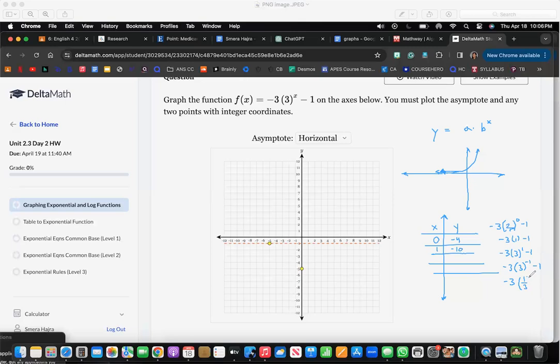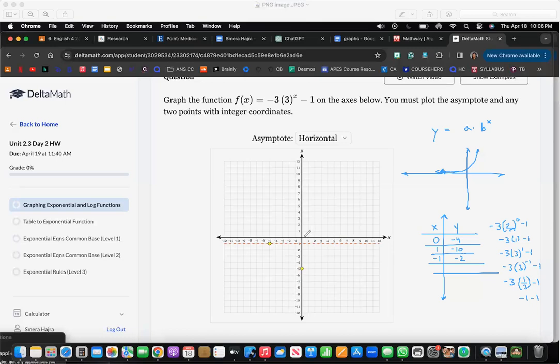So that's 1/3. Now, -3 times 1/3 is -1, so you get -2. Beyond that, you're going to get a fraction. Your homework problems are pretty much stating that they want integer things, so we're just going to start with that.